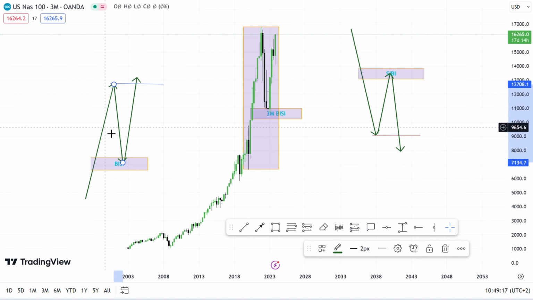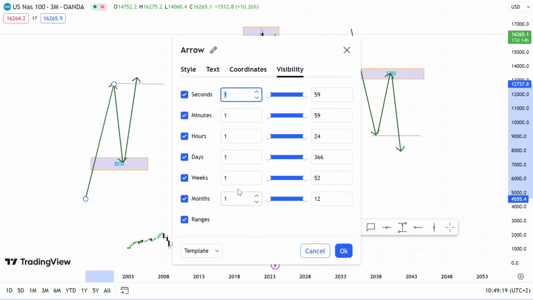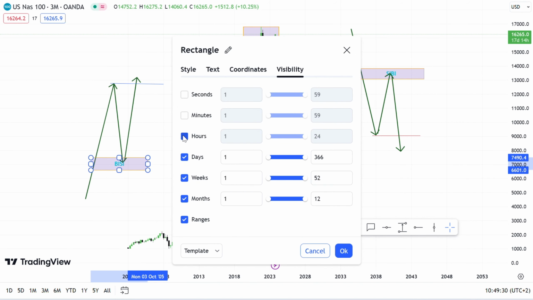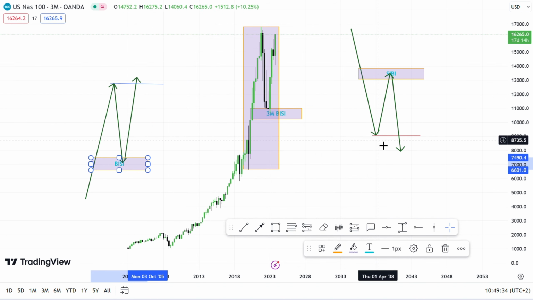This one again, months, because we want to be fully focused so it doesn't distract us. So also this one, let's fix this one. This one is months also, because it's on the sides. I don't want the chart to confuse you.